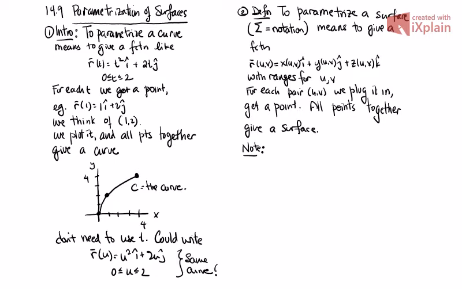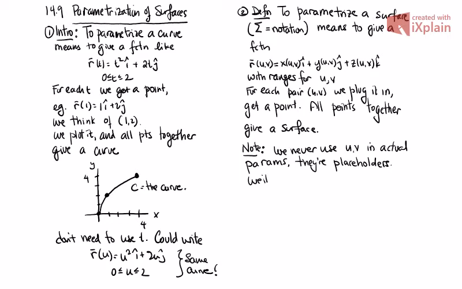So we never use u and v in actual parametrizations. They're just abstract placeholders. So what we'll do is we'll typically use two of the following.